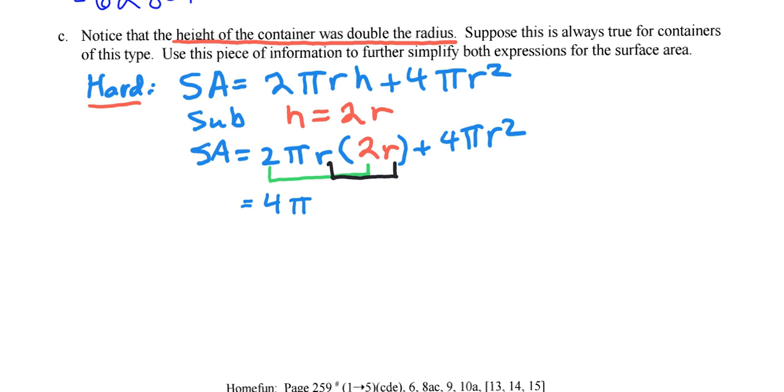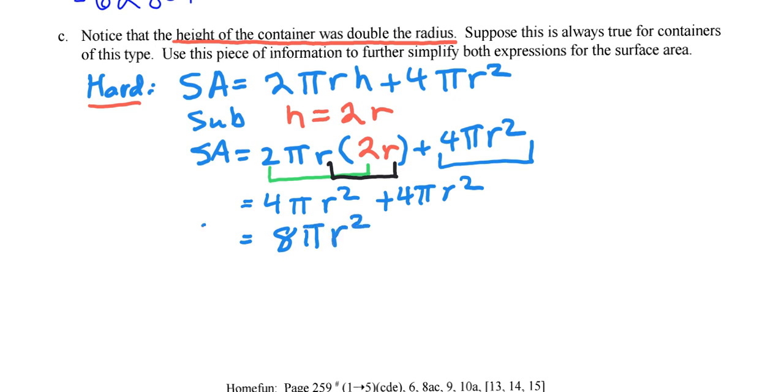R times r gives us r squared. And then we also have the last bit to add on to our answer. So we got 4 pi r squared. So that means we have what? 8 pi r squared as our final answer for our surface area if we use the original hard equation. So let's go and do the easy equation now.